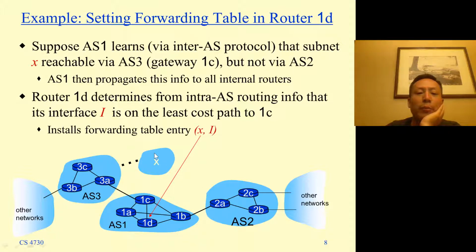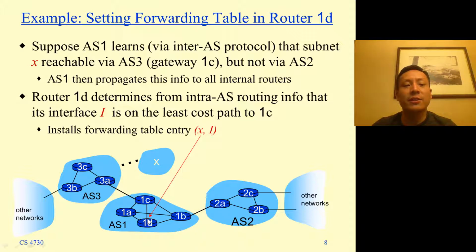Once this information is propagated and told to AS1, AS1 is responsible for propagating it to all the internal routers in this domain. The specific router 1D that receives this datagram will immediately determine which next hop, which internal router, it should forward to.